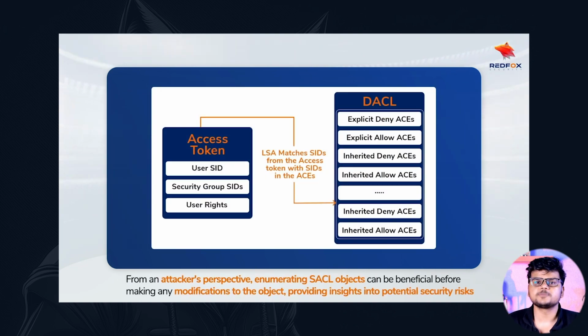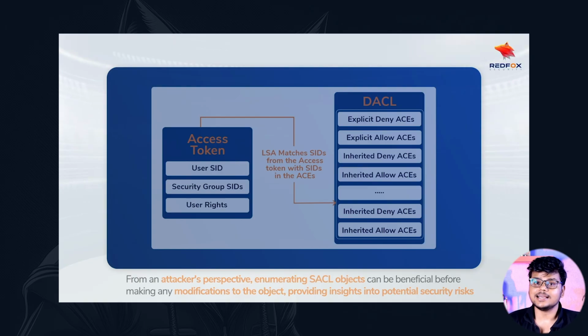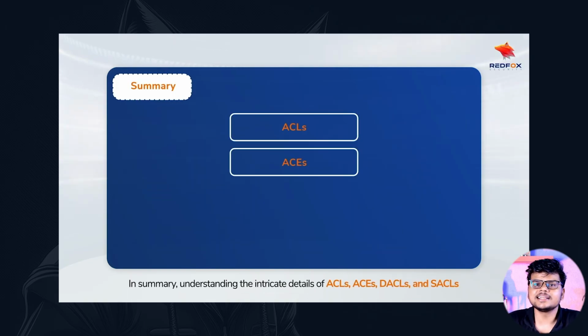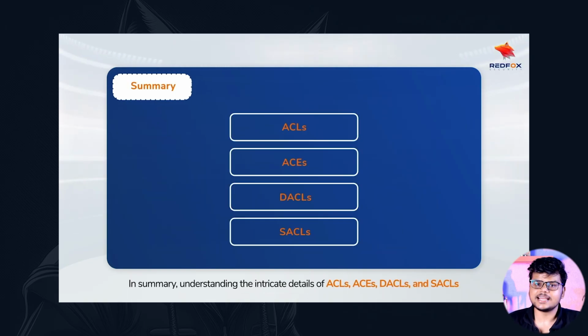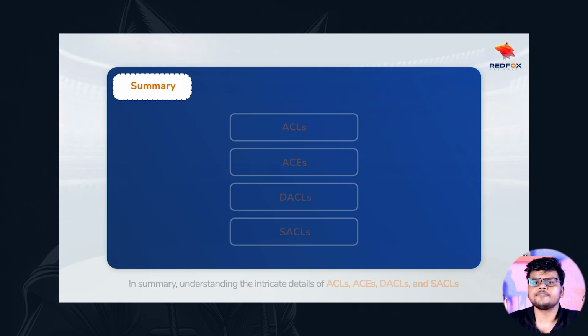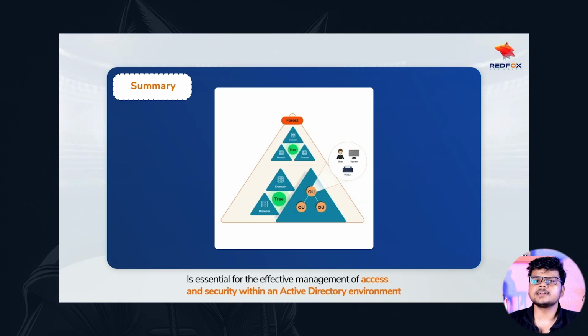From an attacker's perspective, enumerating SACL objects can be beneficial for making any modification to the object, providing insights into potential security risks. In summary, understanding the intricate details of ACLs, ACEs, DACLs, and SACLs is essential for the effective management of access and security within an Active Directory environment.